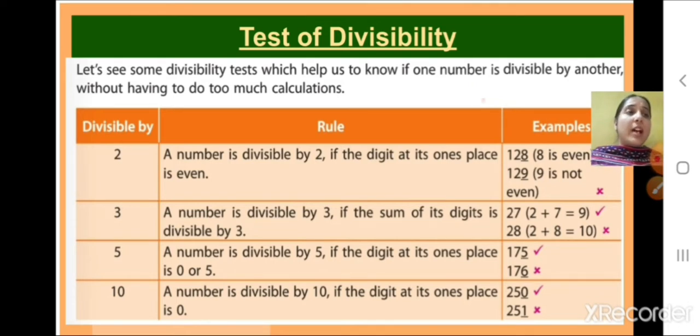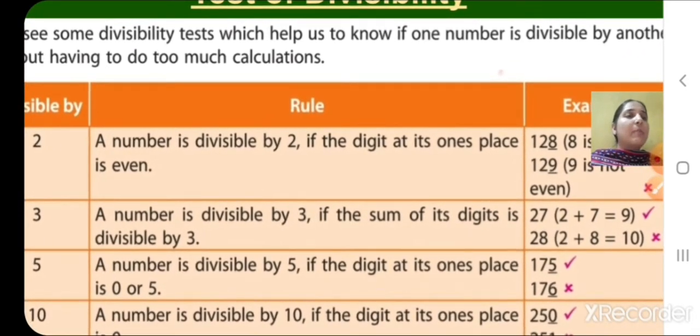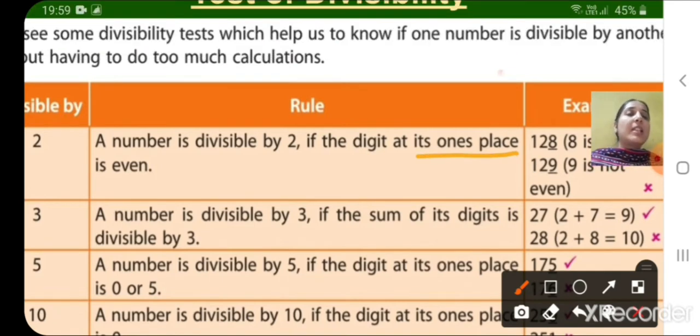Okay, so there are certain rules that you have to understand and keep in mind. So first, if you have to see whether a number is divisible by 2 or not, there is a rule that a number is divisible by 2 if the digit at its ones place is even.